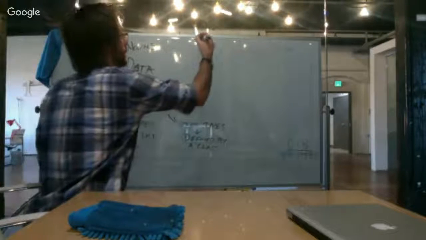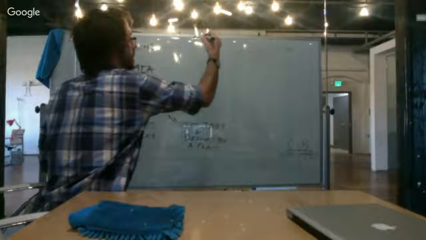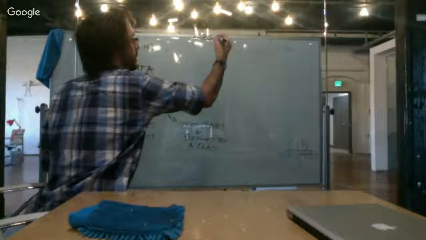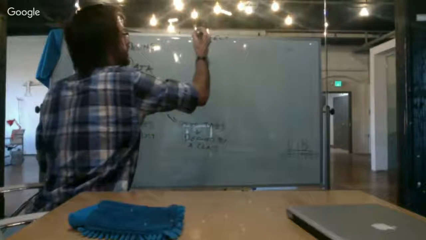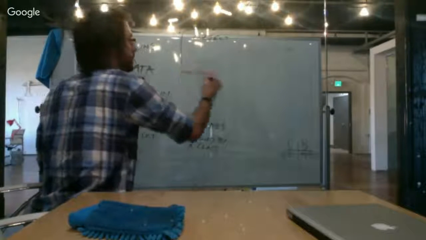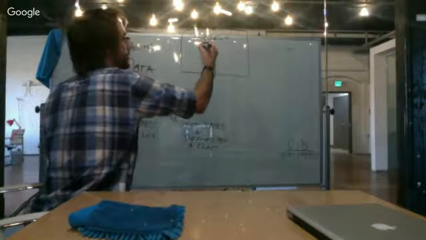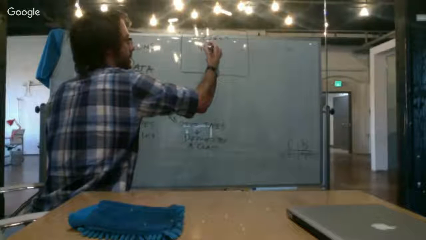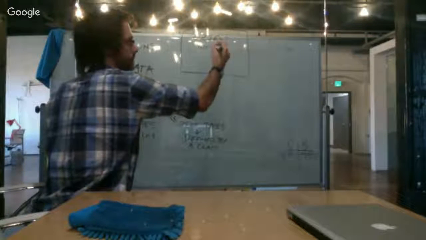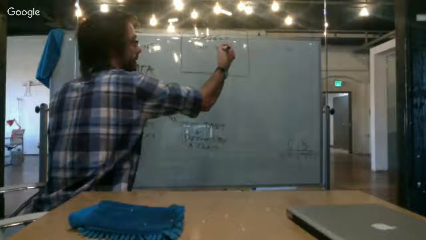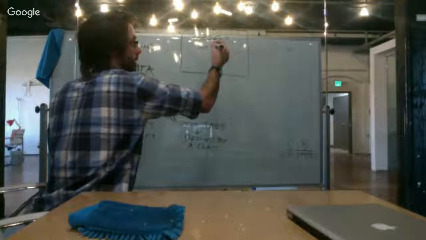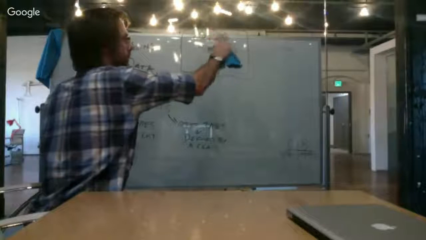And so we might have an object, and it might contain an integer, like year, for example.